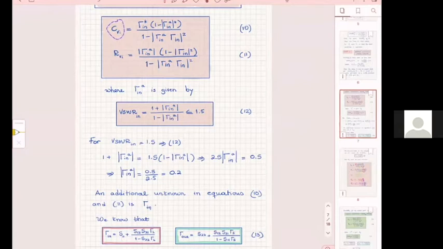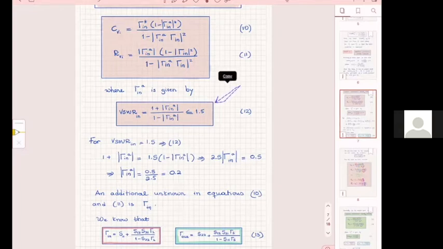The circle I'm going to select will correspond to a VSWR of 1.5.